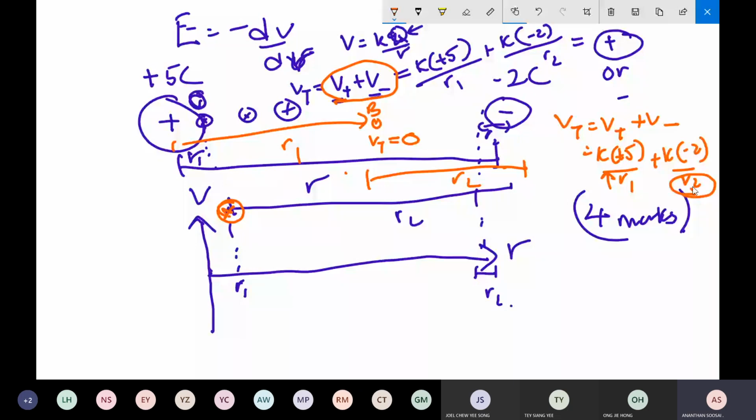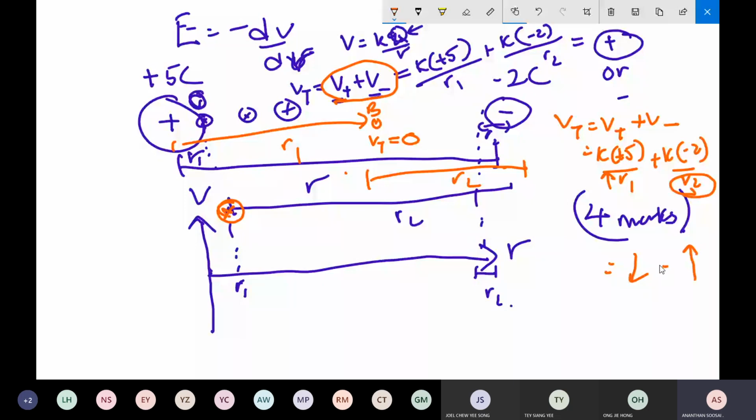Do these two magnitudes have a chance to cancel each other? The positive 5 and negative 2 never change, but R1 and R2 are changing. R1 is getting bigger, so the first value gets smaller. R2 gets smaller, so V negative gets bigger.